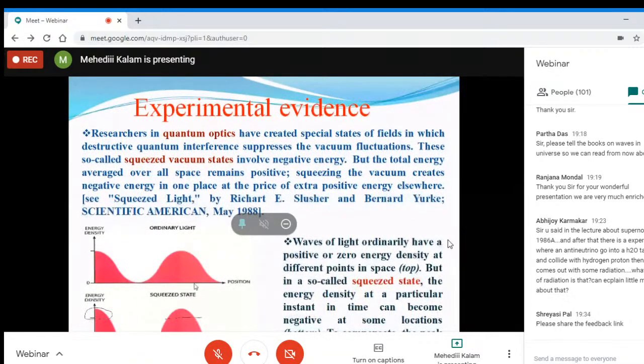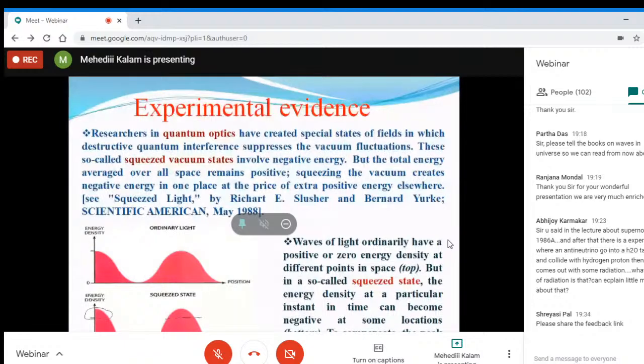So look at this diagram. Here is the energy density versus position. This is for ordinary light, where the energy density is positive. During the squeezed state, we see that in this portion energy becomes negative.